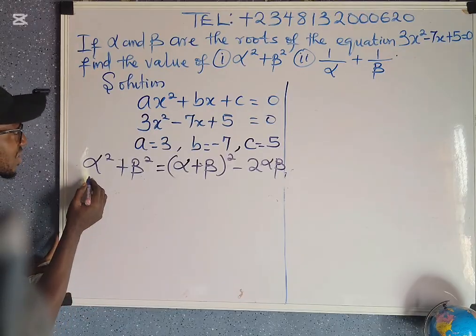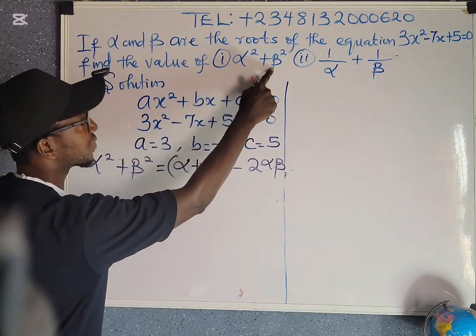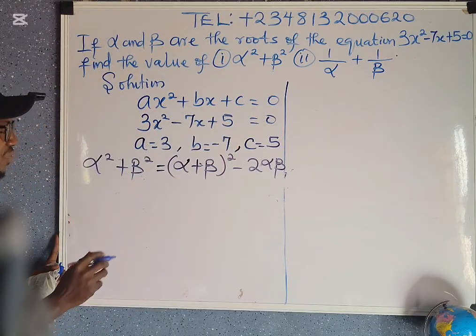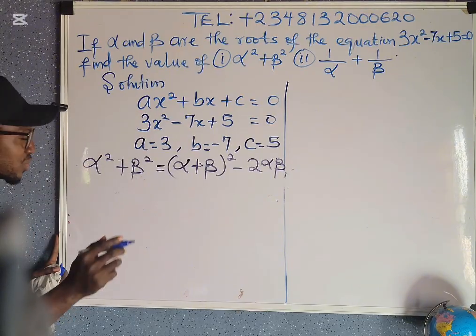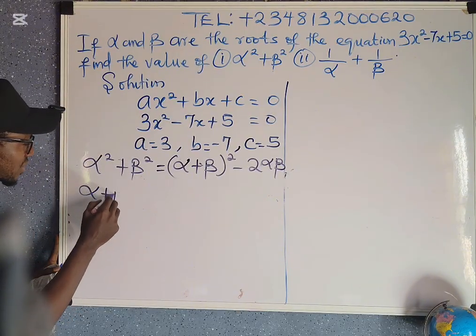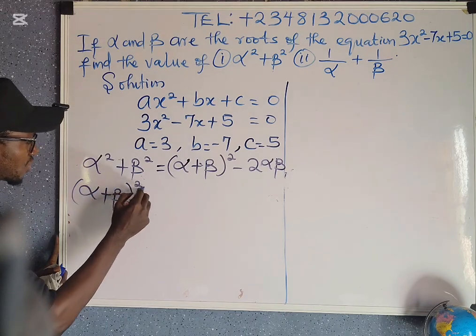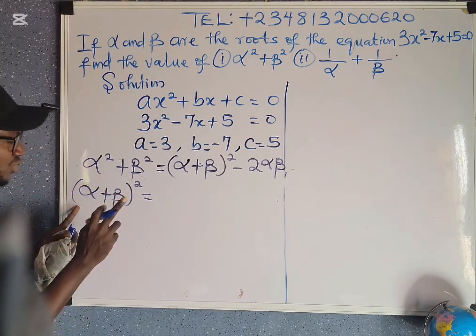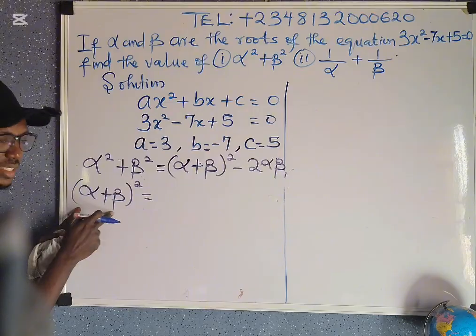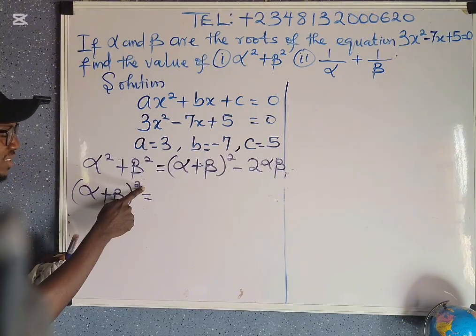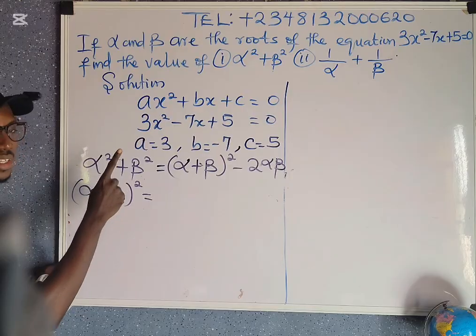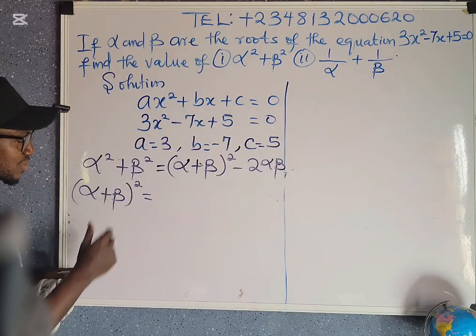Now, since the question asks us to find the value of this, one of the things we can first of all do is, since there is a square that is common to the two of them, I want to say alpha plus beta all squared. So what I want to try to do is expand these two parameters that we are given, because I know if I expand this, alpha is going to carry a square and beta will also carry a square.